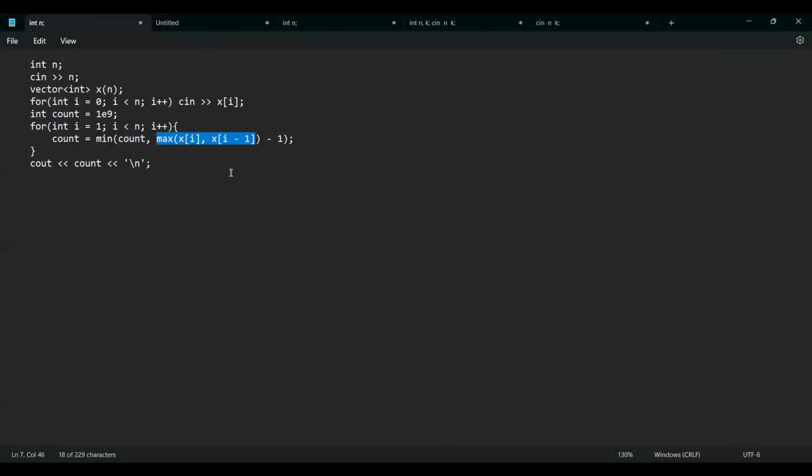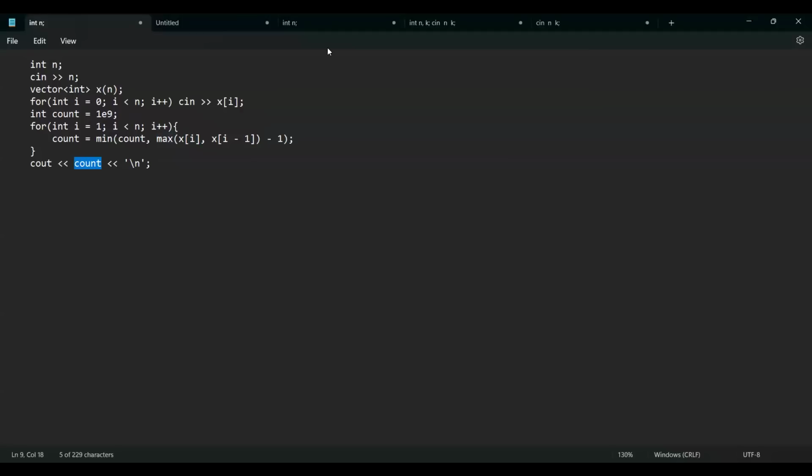I'm starting from 1, that's why xi minus 1. And minus 1, why? Because I need less than this, strictly less, because it's written that it should be strictly less. That's why count is the minimum of these. Finally, I can print count. Is it clear? If it's clear, we'll move to the next problem.